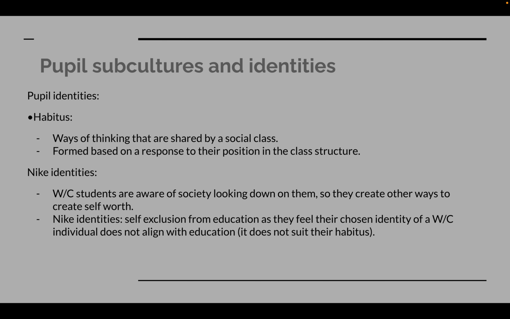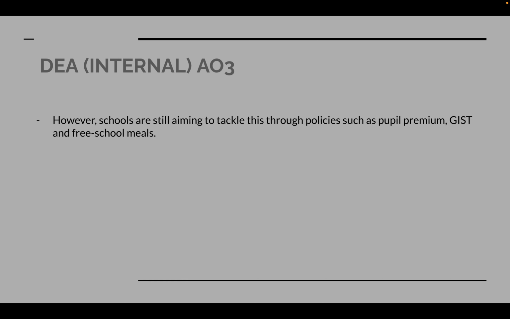And this leads to self-exclusion from education as they feel their chosen identity of a working class individual does not align with the education system, aka it does not suit their habitus, and therefore they neglect school and they reject education as a whole, because it's kind of like a defense mechanism against oppression and inequality, and therefore they just choose to exclude themselves instead of being excluded. That's how I see it.